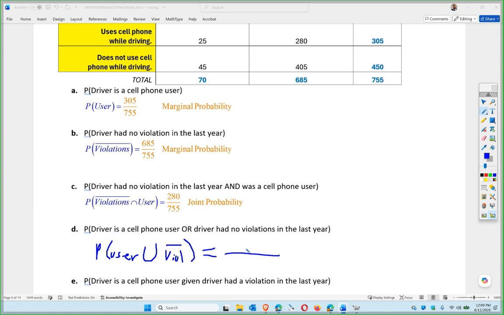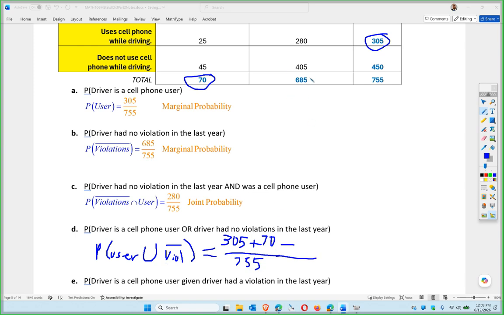Because you want the user, which is 305, plus the violations, which is 70, and this is out of 755. However, you have to remember, it's an OR scenario. You have to subtract out the overlap. What is the overlap?